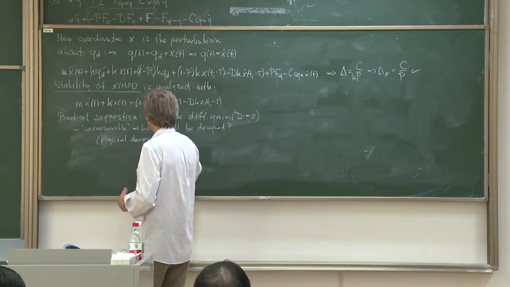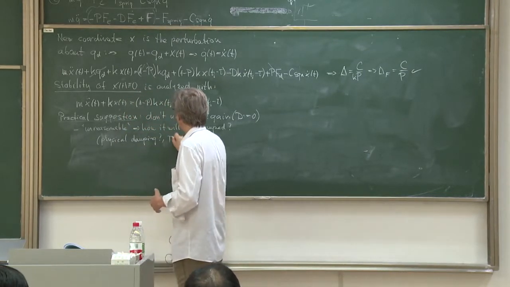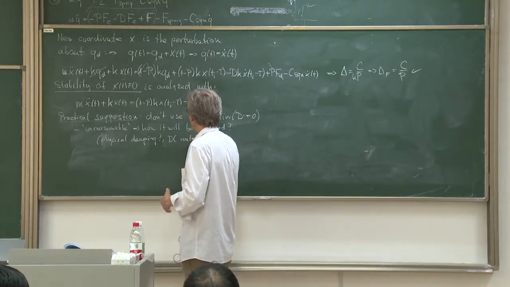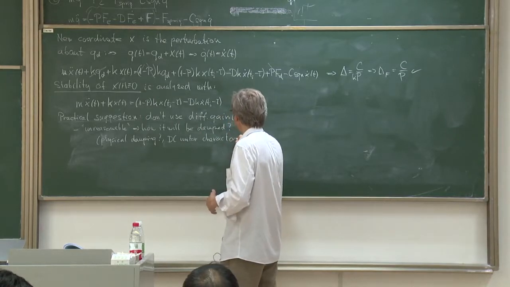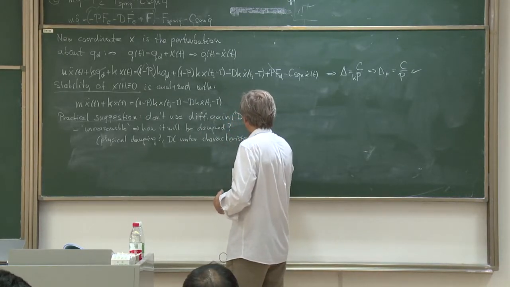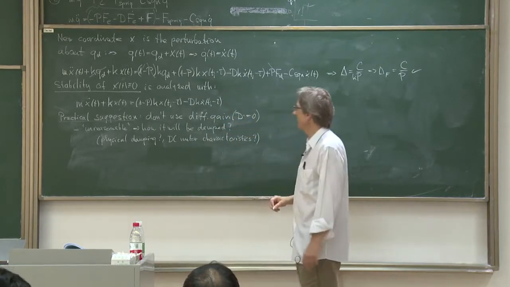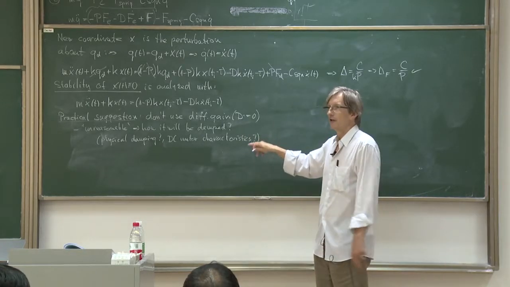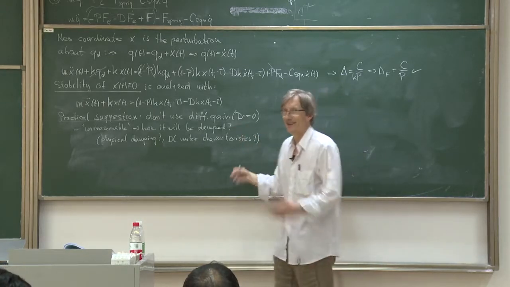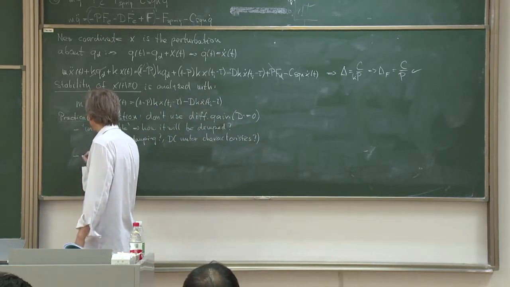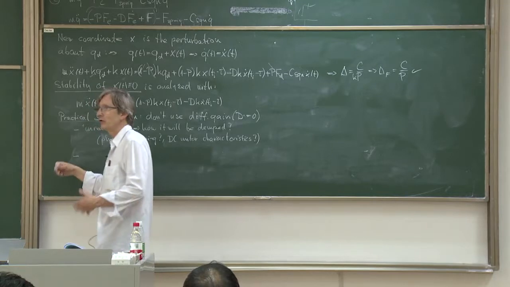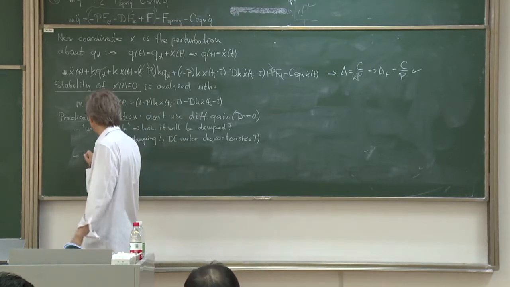Physical damping or DC motor characteristics. Okay, so there may be several reasons why it happened, but we will show that actually the sampling will damp. It's very funny. On the other hand, we will give a more precise explanation, which will come later, okay?